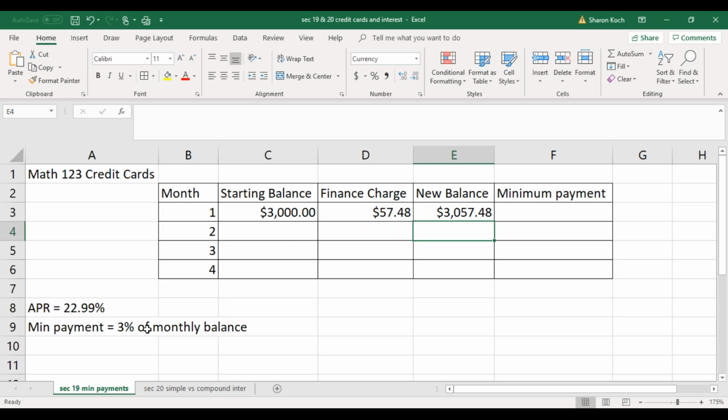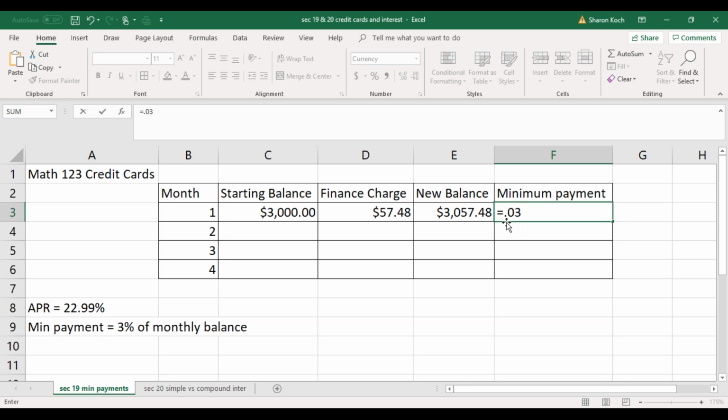So remember the minimum payment was 3% of that monthly balance. So what is my minimum payment? I'm going to start with an equal sign, and I want to take 3%. So you can either put 3% times something, or remember, I like to put it in the form of a decimal.